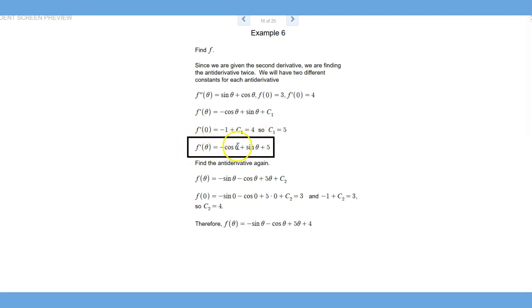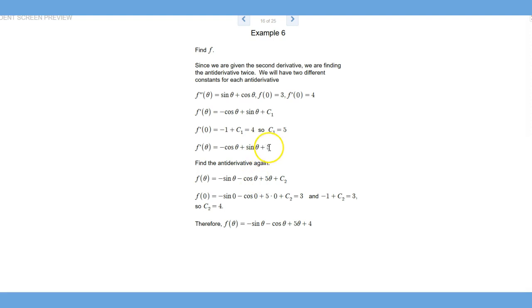So this is f prime of theta, but I want to find f, so I need to find the antiderivative of this. Again, what function has a derivative of minus cosine theta? That's minus sine theta. What function has a derivative of sine theta? Minus cosine theta.